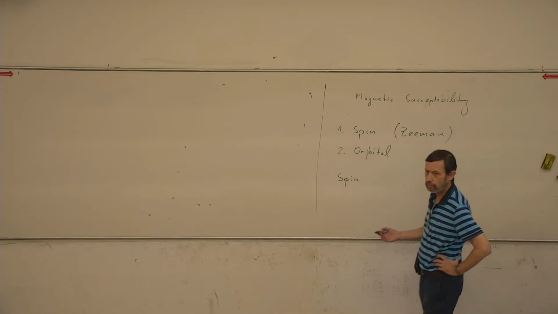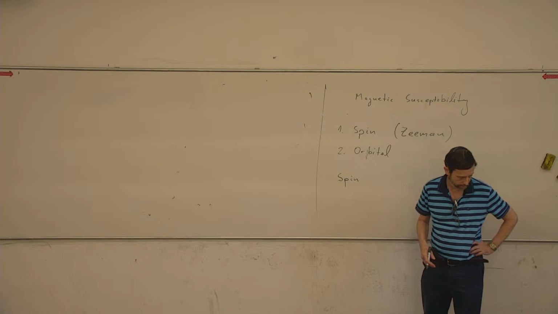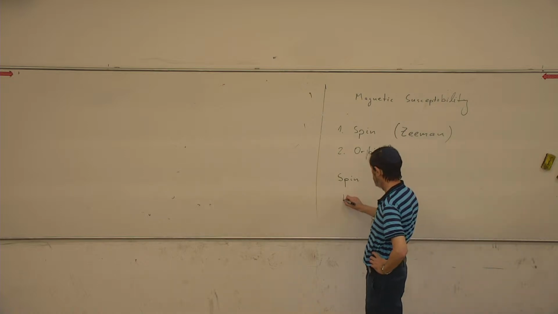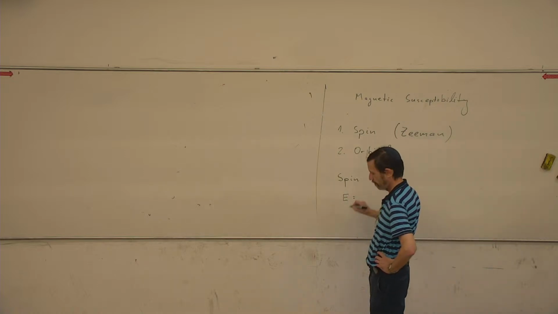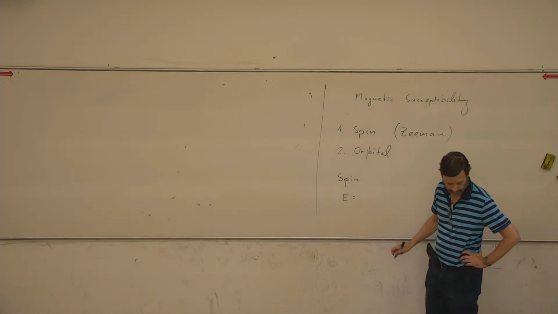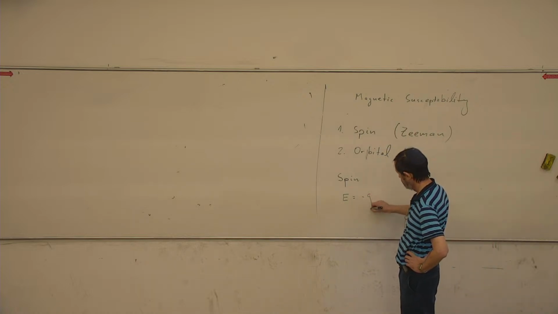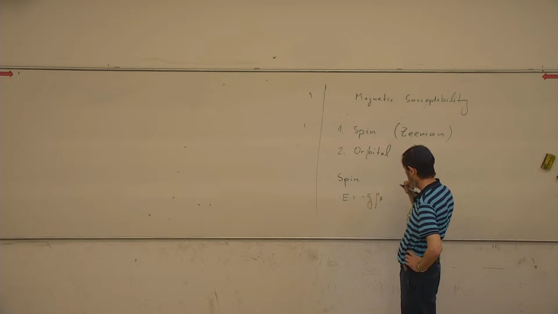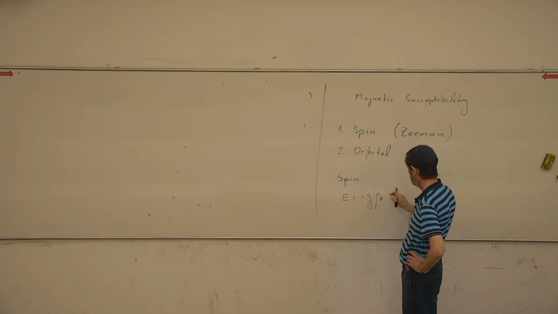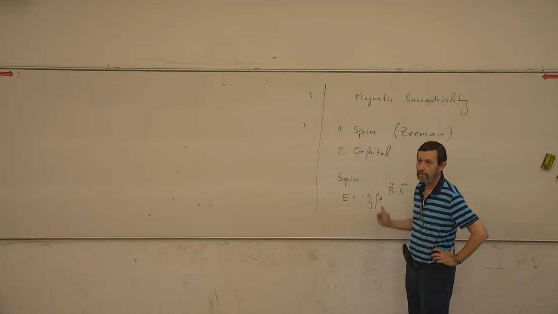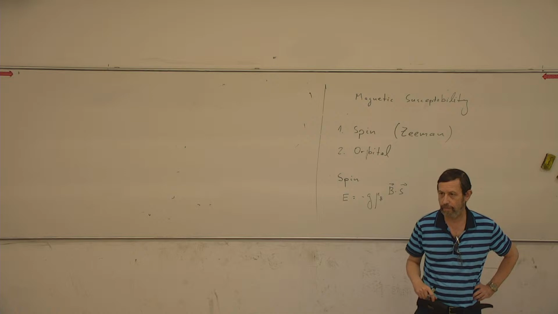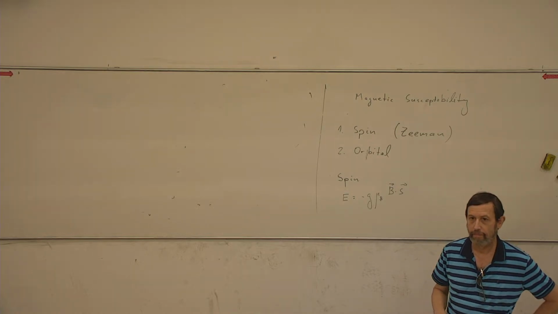Okay, classically we know what happens. Give me the magnetic field, B scalar times z.